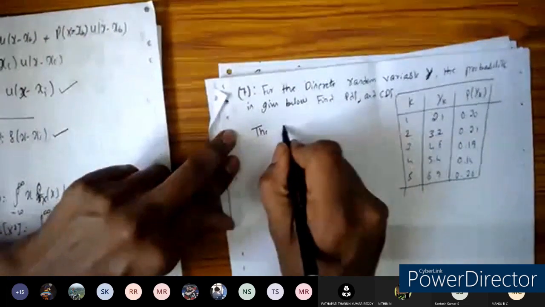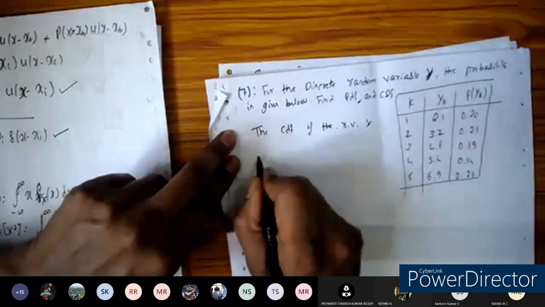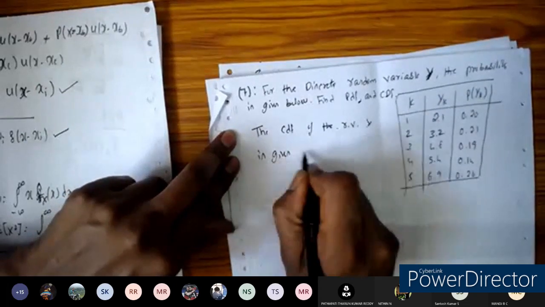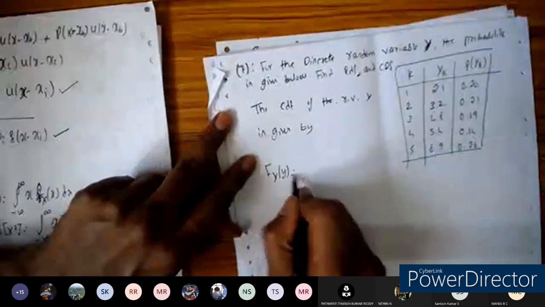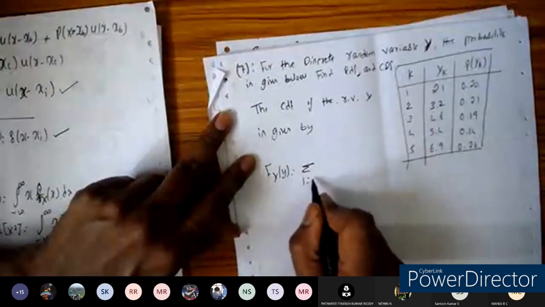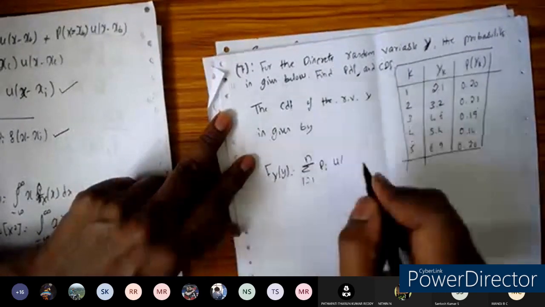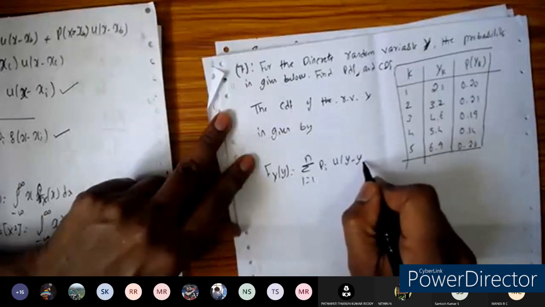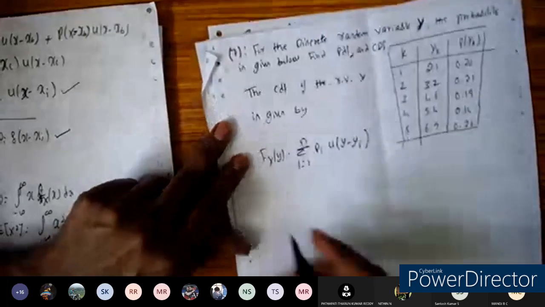So the CDF of the random variable Y is given by the formula, in terms of y, summation i equals 1 to n of p_i times u of (y minus y_i).